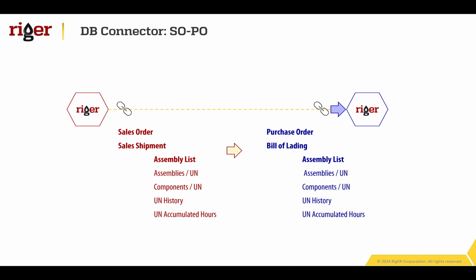So for that connector, we built a scenario where the supplier provides the information, presses the button, and in a couple of minutes, the purchase order and bill of lading appear at the buyer side, and they can use this information further.